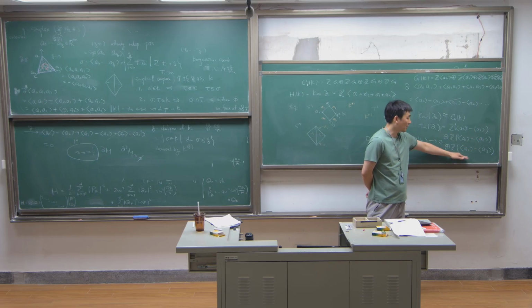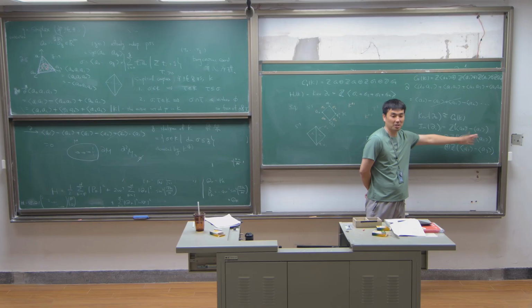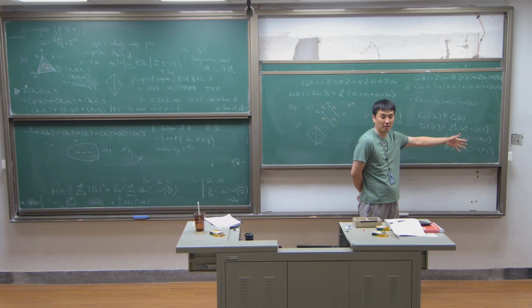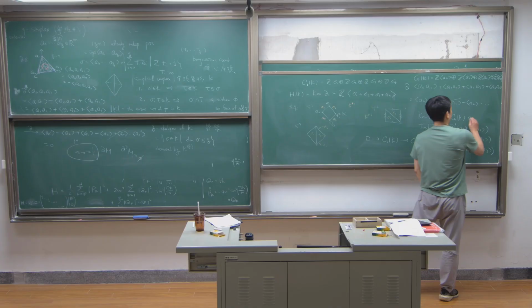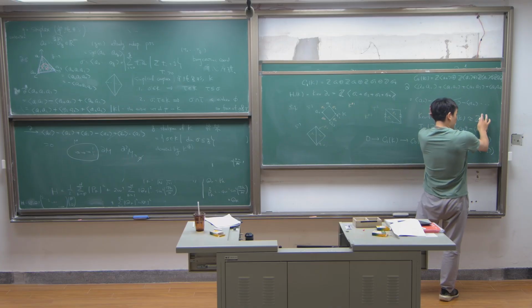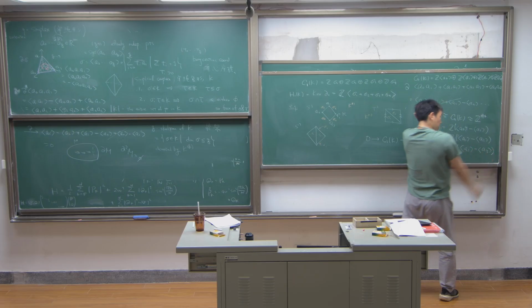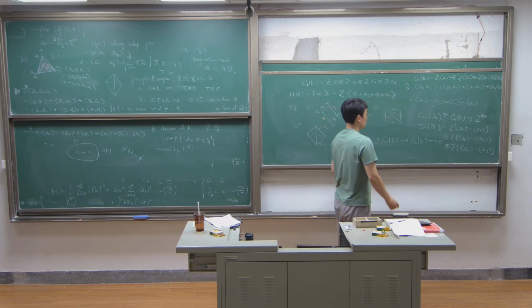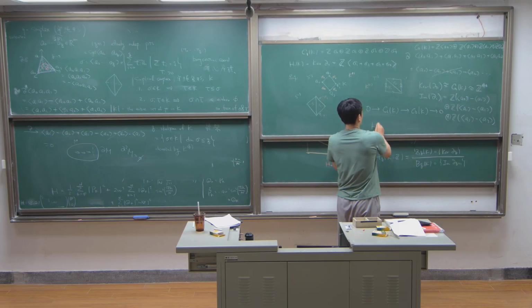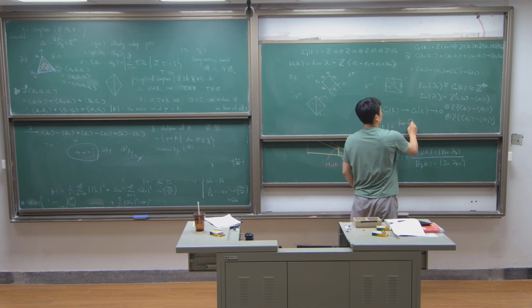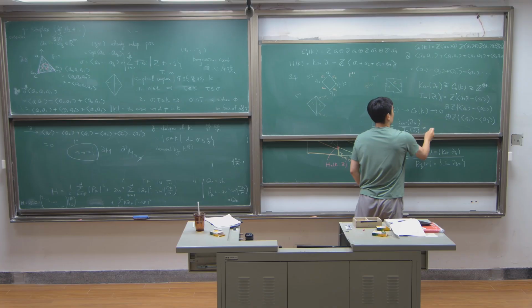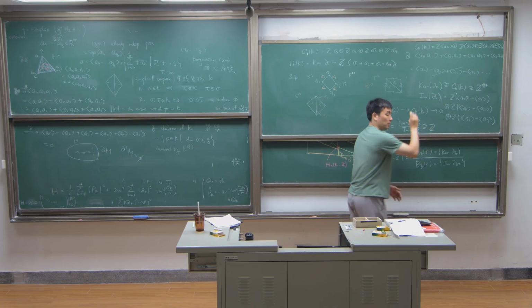So you cannot add A3 minus A0 because they are linearly dependent. So it's 3-dimensional. If you take the quotient, you get H0 of K, kernel of boundary 0 over image of boundary 0, which is isomorphic to Z.